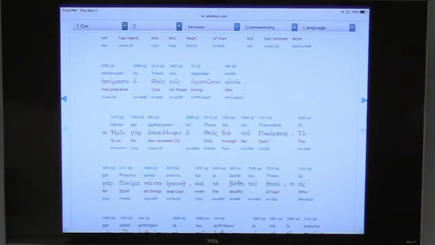So we would probably put, for God has revealed to us through the Spirit. God has revealed it. We have to supply that from the context.